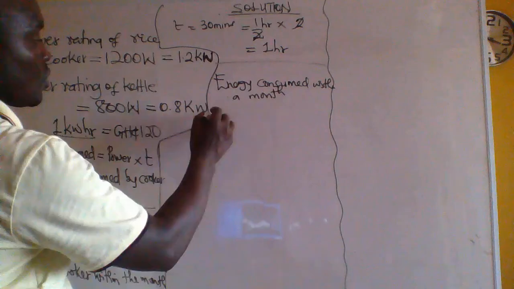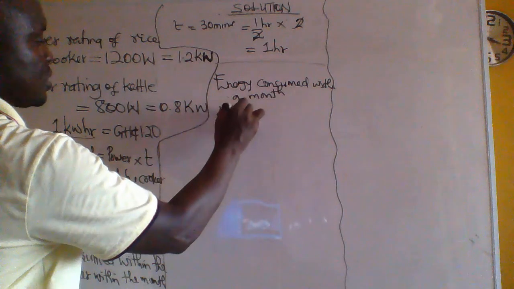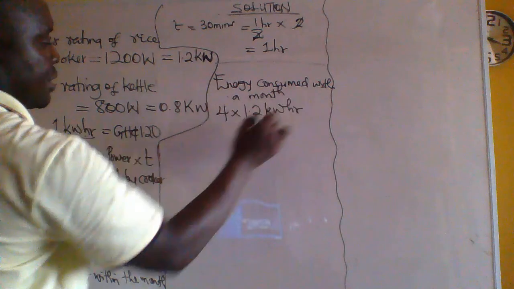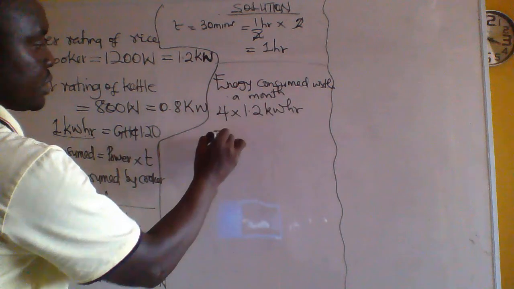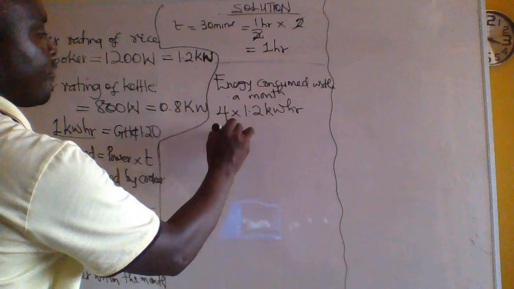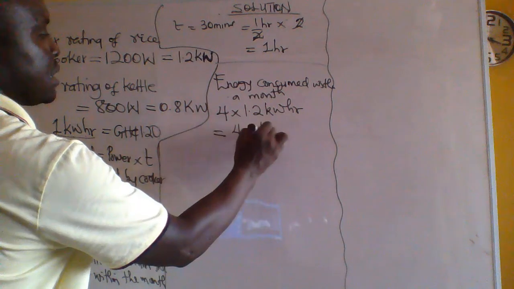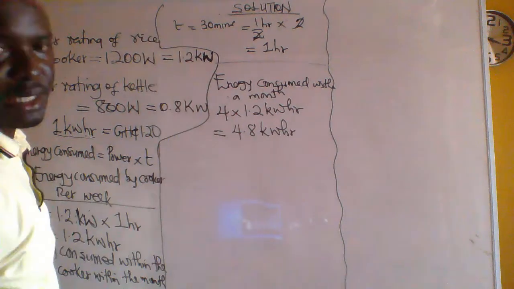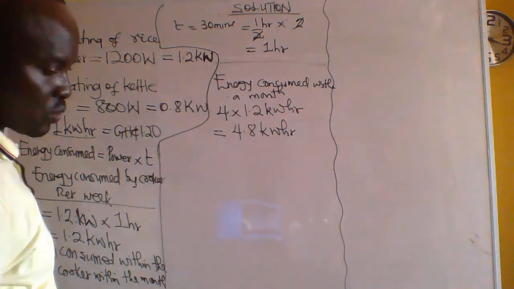So we have 4 times 1.2 kilowatt hour, and in total we have 4.8 kilowatt hour energy consumed by the rice cooker.